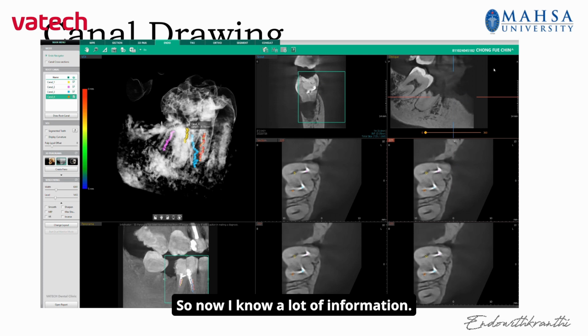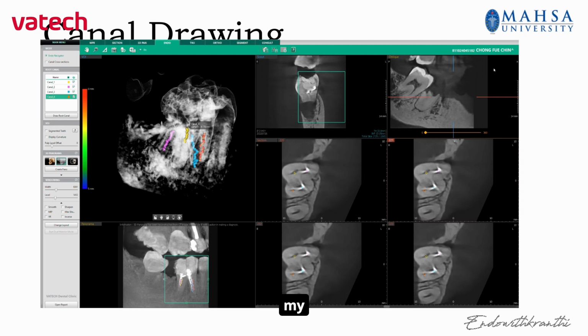So now I know a lot of information. One canal is going off tangent. You can see the pink colored canal, it's going off tangent. You can see my mesial canals are merging with each other. A lot of information I got.